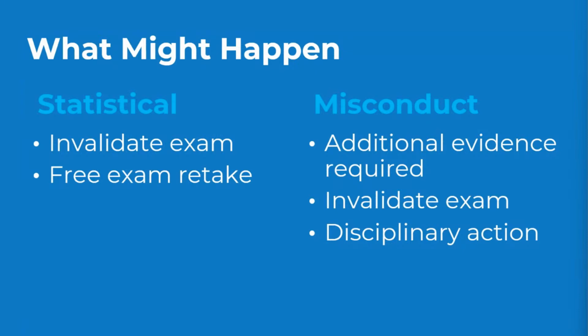So they need additional evidence. They can't just say, well, statistically this is impossible, therefore you have cheated. No, they must find additional evidence that you cheated, or that somebody cheated rather, right? And they will invalidate the exam, and disciplinary actions will be taken against that person.